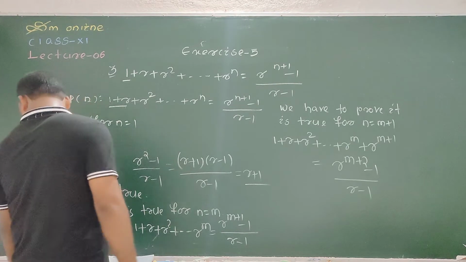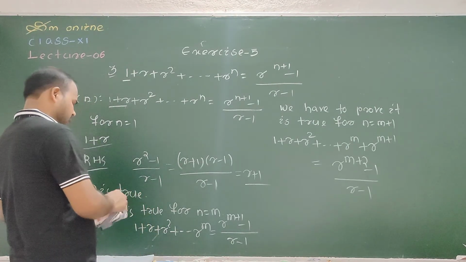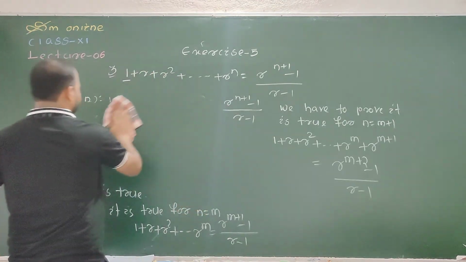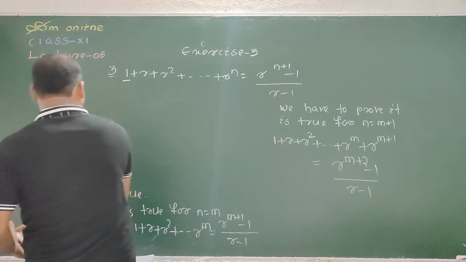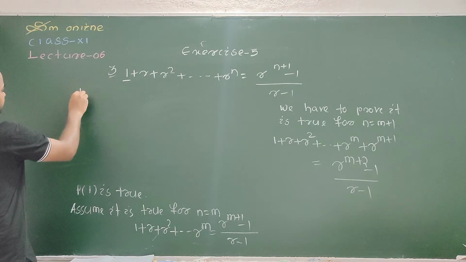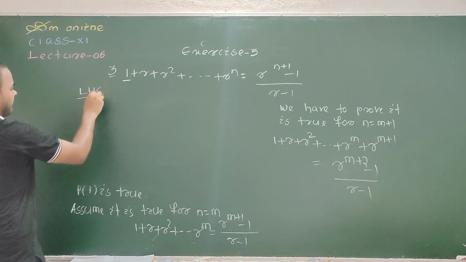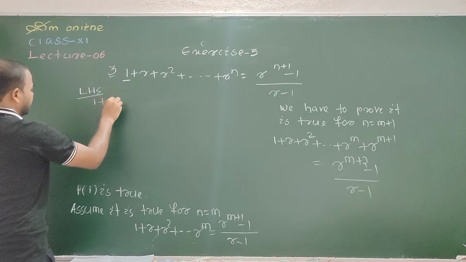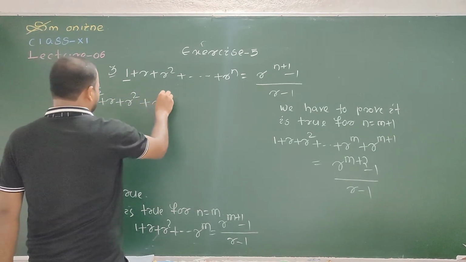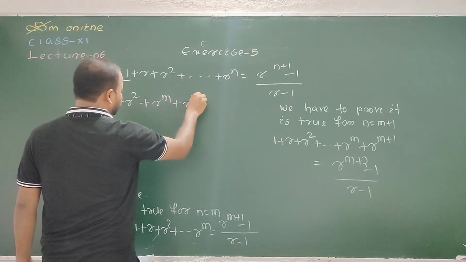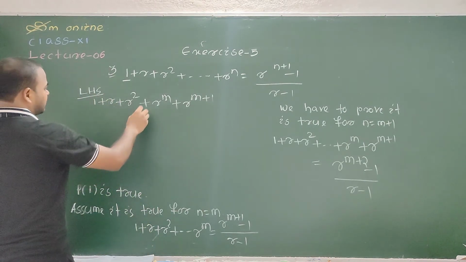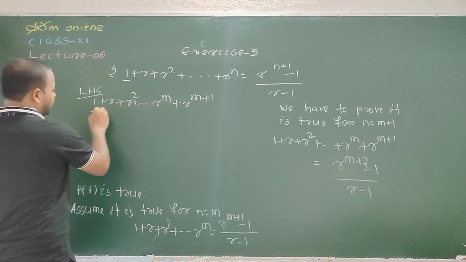So taking LHS, now LHS, this is 1 plus r square plus r to the power m plus r to the power m plus 1. Okay, and for this value equal to what?